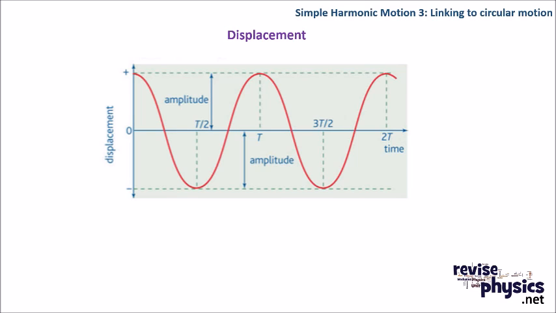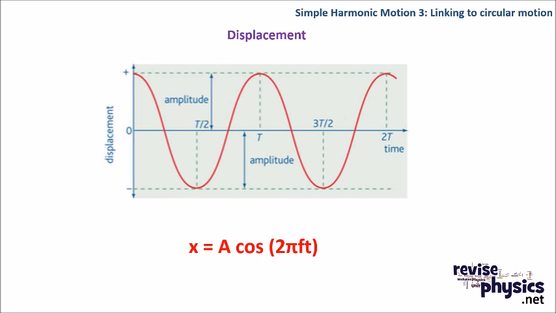Remembering, of course, that we get our displacement time graph that we saw beforehand. The actual function that is mapped by this is that x is equal to A cos 2 pi f t.